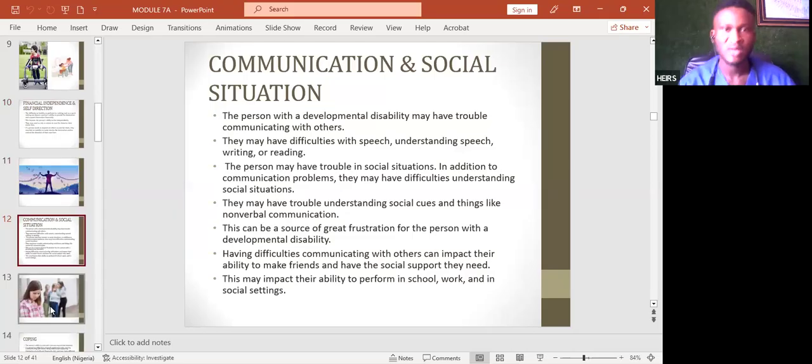Now, the next one is communication and social situation. It is common in our world these days that people naturally segregate those with developmental disability. We don't want to be friends with them. We don't want to have anything to do with them. Some people even have the mindset that some of these things are communicable.